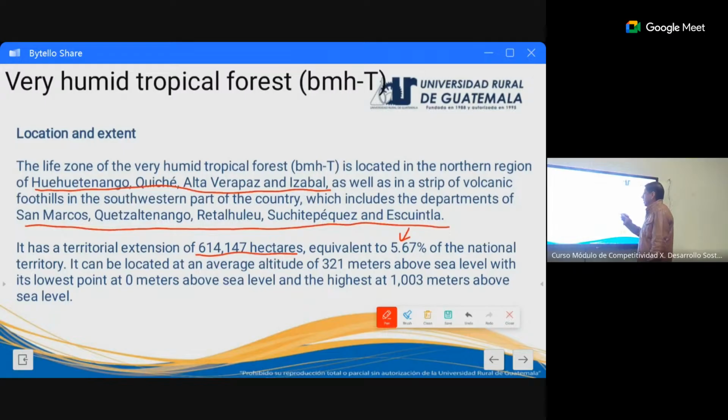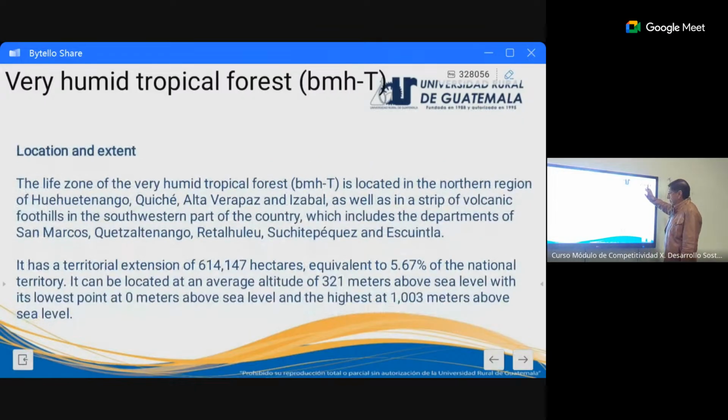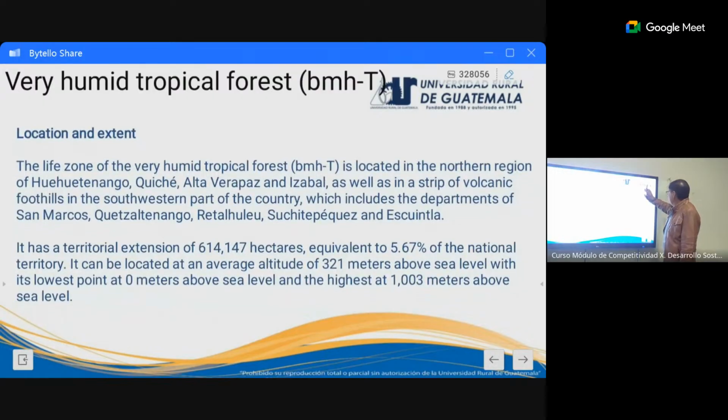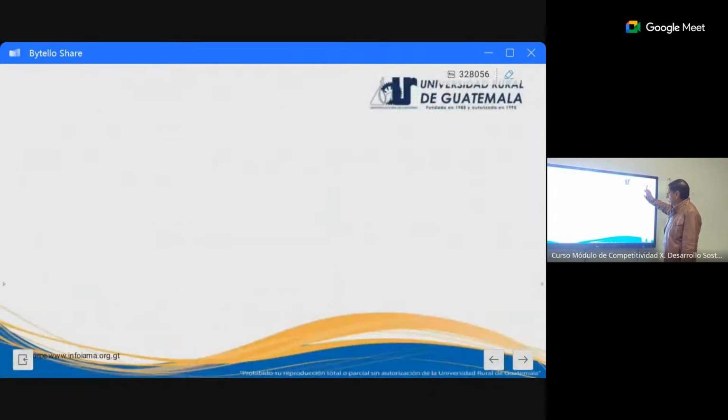It can be located at an average altitude of 321 meters above sea level, with its lowest point at 0 meters above sea level and the highest at 1,003 meters above sea level. Let's check the next slide information here.